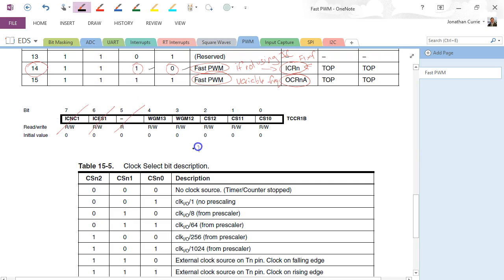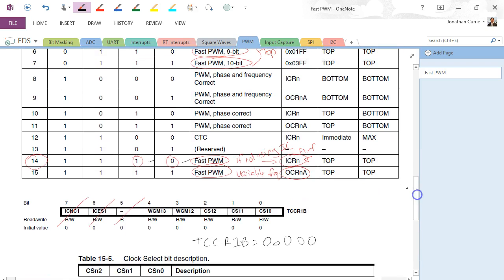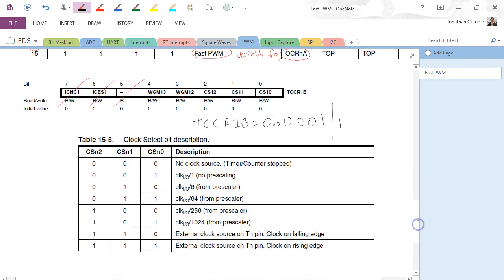We can set this register up, TCCR1B equals in binary 0, 0, 0, WGM13 and WGM12. In this case, those are those guys there, both equal to 1. So 1, 1, and then the lower 3 bits are the clock select bits, which set up our prescaler.